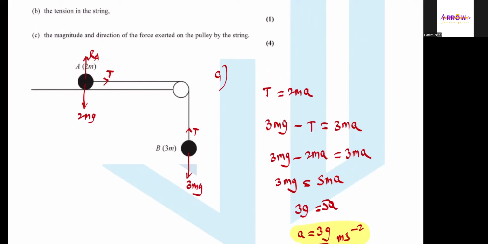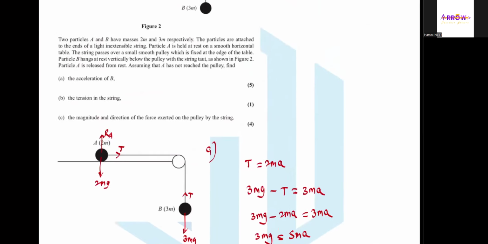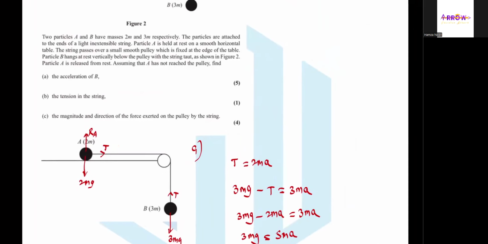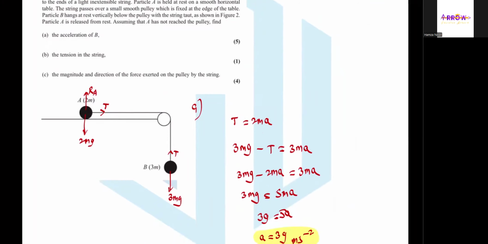Okay, so first thing first, we need to find the acceleration of the particle B over here. When we make the equation of motion for particle A, T will be equal to 2ma, because in the opposite path there will be no friction, as you know that this horizontal table is smooth.